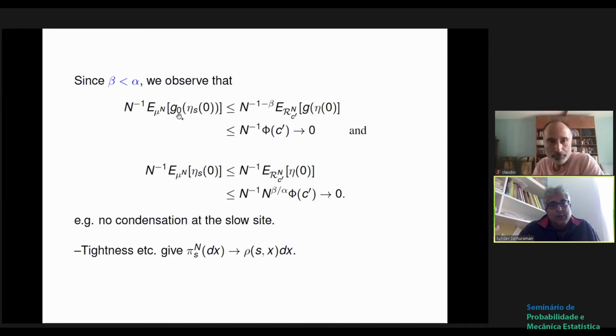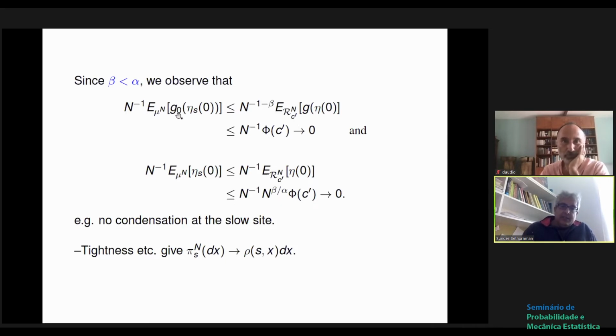Here this first inequality is using the coupling, and that mu n is assumed to be less than this one here. So this inequality is using the basic coupling and the assumption that mu n is less than Rn.